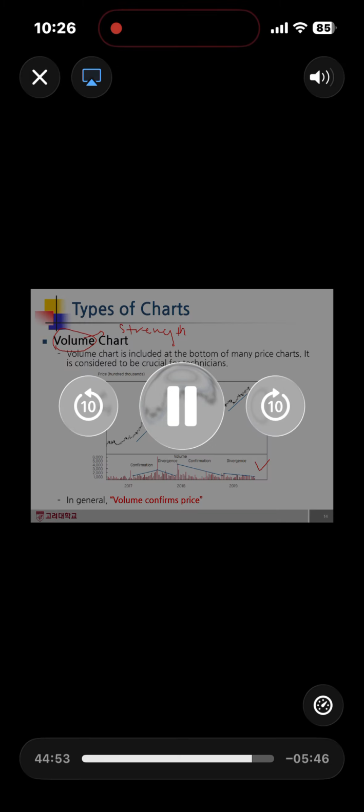In many price charts, volume is displayed as vertical bars at the bottom of the price chart. Each bar shows how many shares were traded during that period.